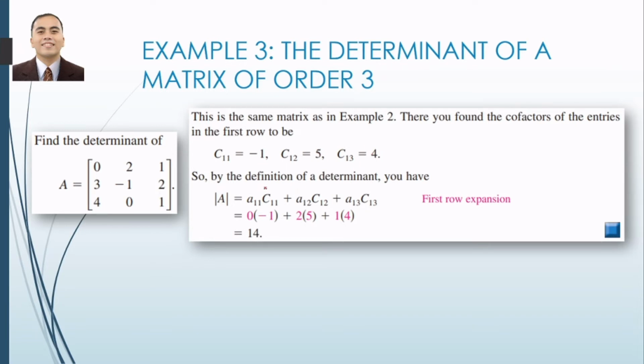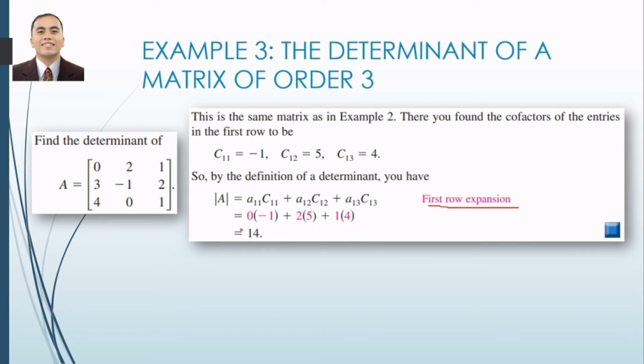So by the definition of a determinant, the determinant of A would be equal to A sub 1,1 C sub 1,1 plus A sub 1,2 C sub 1,2 plus A sub 1,3 C sub 1,3. So you need to expand along the first row.